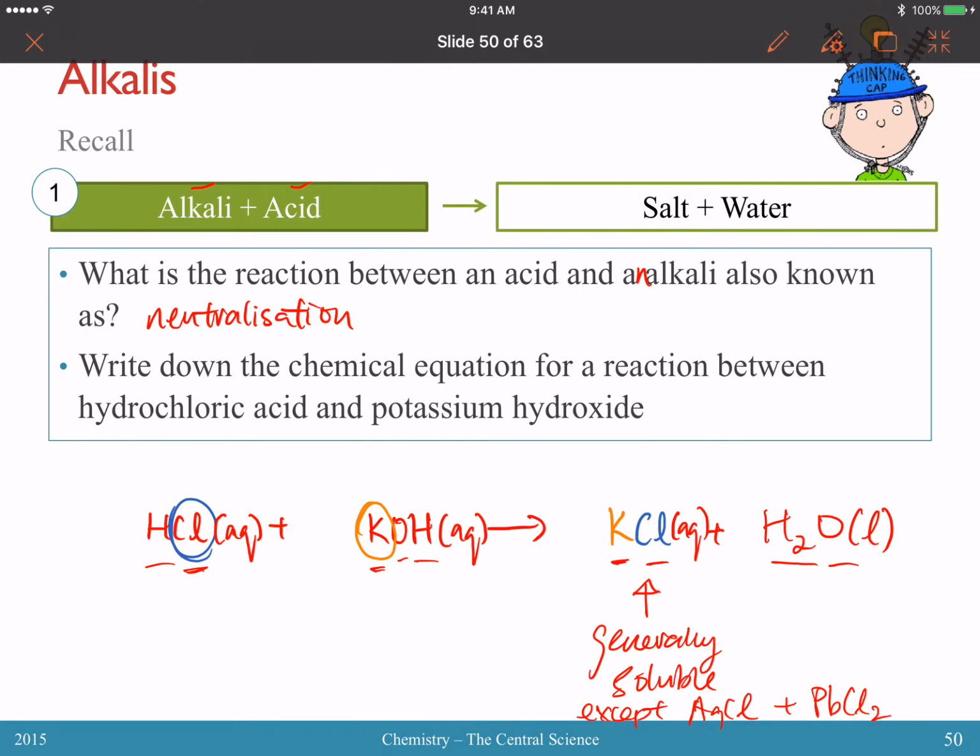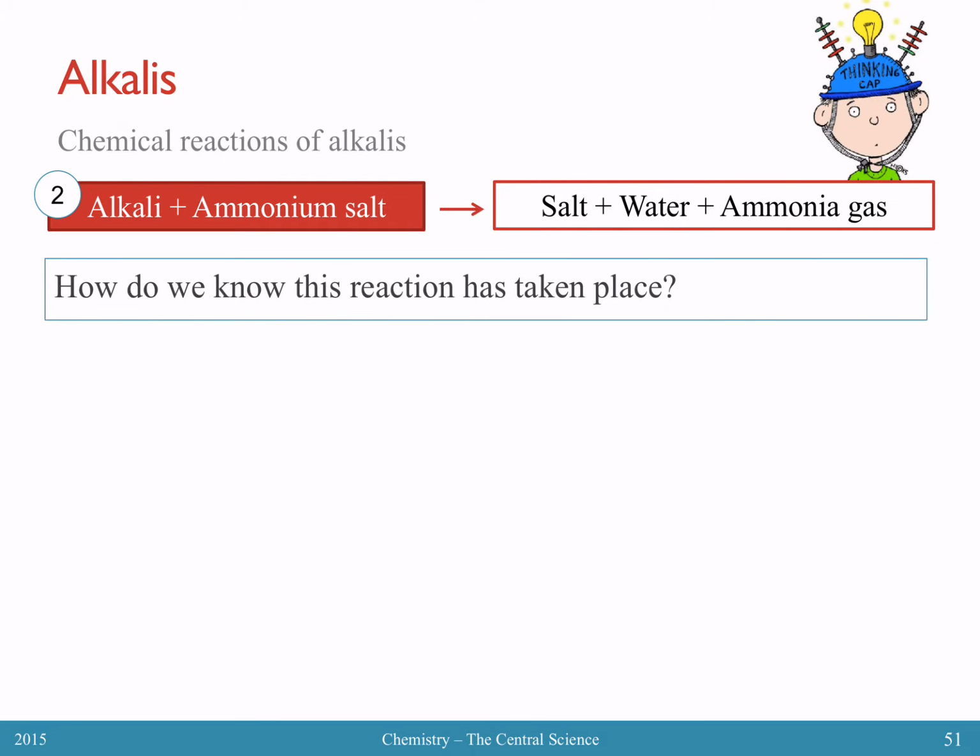Okay, now let's move on. The next reaction is the alkali plus ammonium salt reaction. We did this in the lab during PR2. What we did was an identifying test for the ammonia gas, which is to use the litmus paper test.